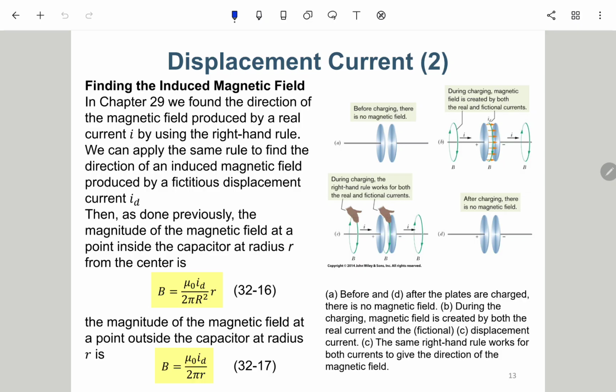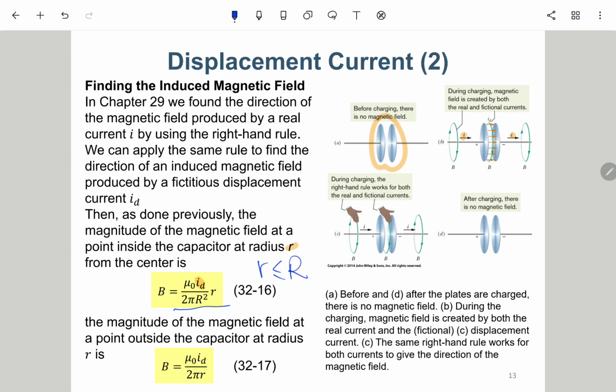So if we use the notation of I_D, it can be like this: here we have a capacitor, and we have a current. If it is inside the capacitor, so that r is smaller than or equal to capital R, we have this formula. We have actually derived the same form in chapter 29, so you can check it back.